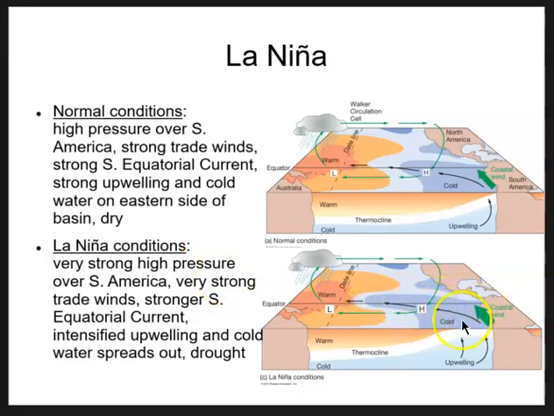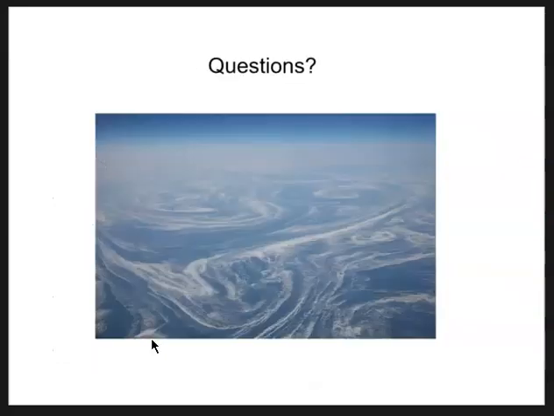Okay, so that means that you're going to have even more upwelling and even more productivity. And what that leads to as far as weather goes is we end up with drought-like conditions in California when we have a La Nina. The reason why is you don't have that warm water to be evaporating and going into the air and creating rain.